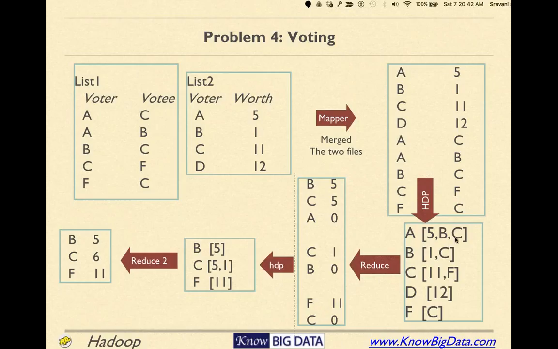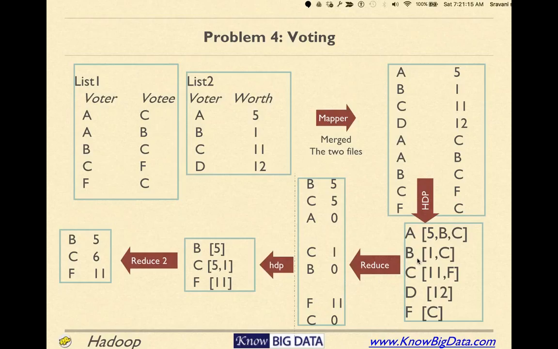Because of this voting act, how much did B gain? B gained 5, C gained 5, while A did not gain anything. We'll talk about why we are putting this A0, because we want A0 in the output. So because A voted for B and C and A's worth is 5, in the reduce phase we print out B5, C5 and A0.